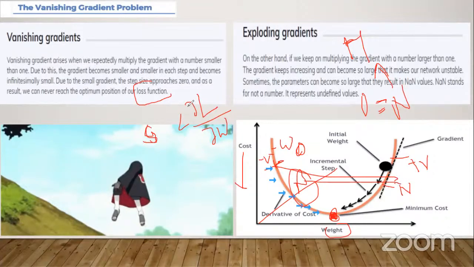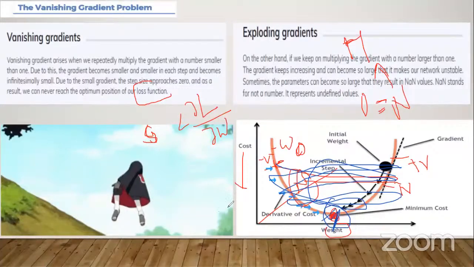Let's take a different color to understand this. If there is a huge jump from here to here, and again from here to there, this way it will keep on rotating. There will be too much variation in your results, and you will not be able to reach this point very easily.